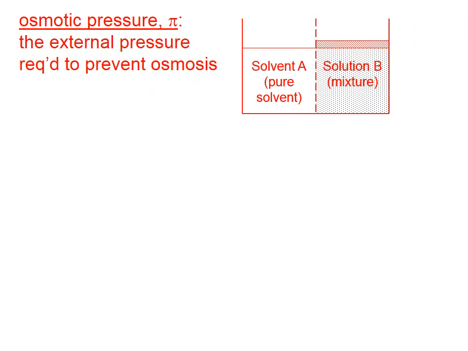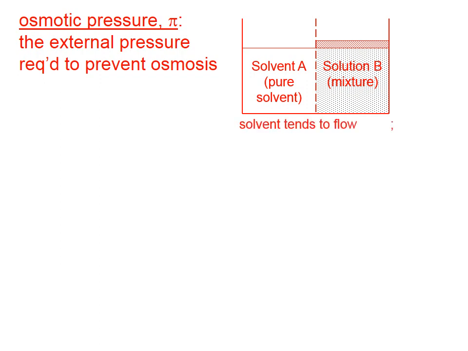In the upper right here, we have a vessel that has in the middle a semi-permeable membrane. And on the left side, we have simply a solvent, say water. And on the right side, we have a mixture, say water and salt. And on the top here, that's colored with hatching, we can imagine some kind of rubber seal that we could push on or we could pull on if we wanted in order to affect certain changes in the system.